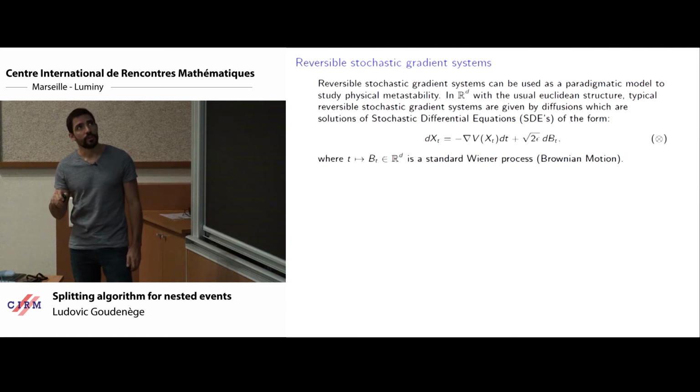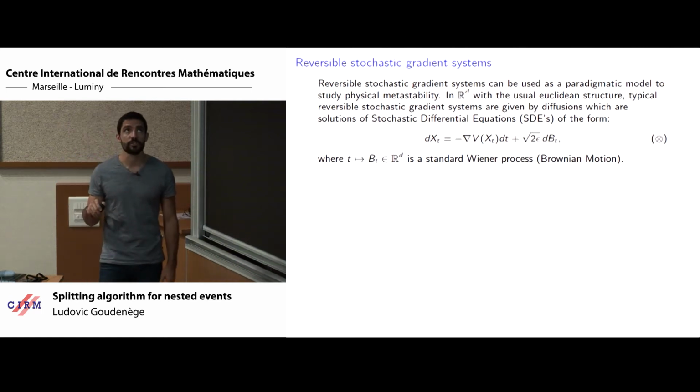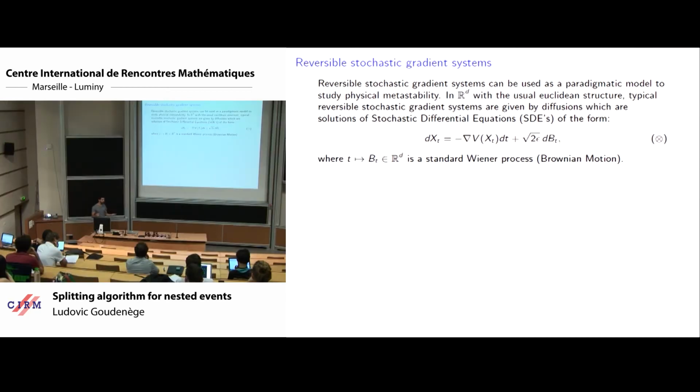So the paradigm for this behavior is well represented by what we call the reversible stochastic gradient system. Typically you have some stochastic differential equation in a very high dimensional space. You can think about your PDEs and some numerical scheme. So you have a big dimension, and you have a potential.